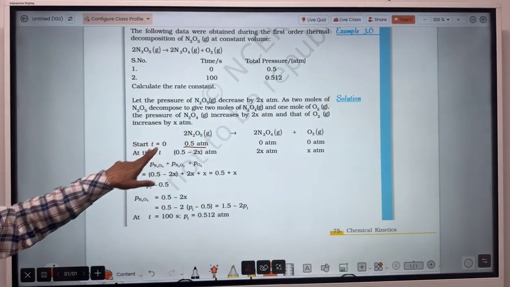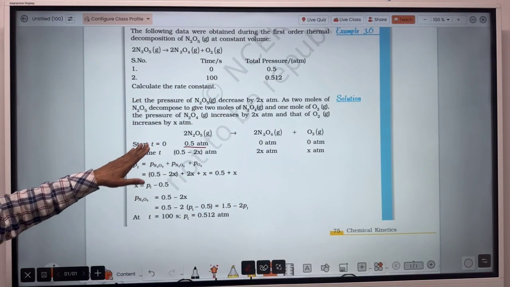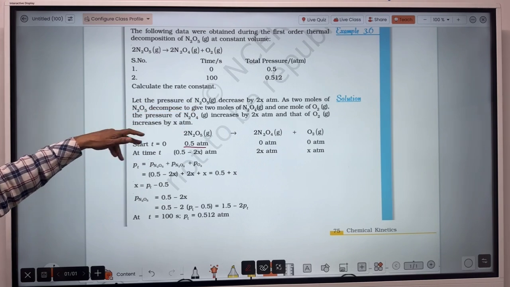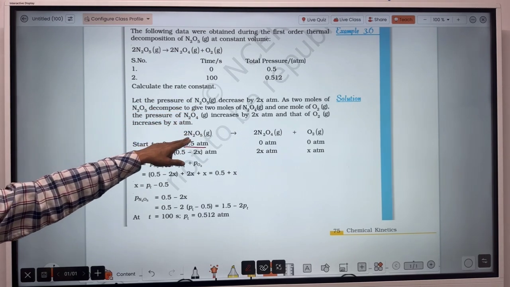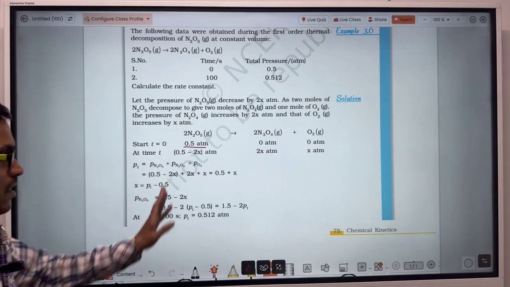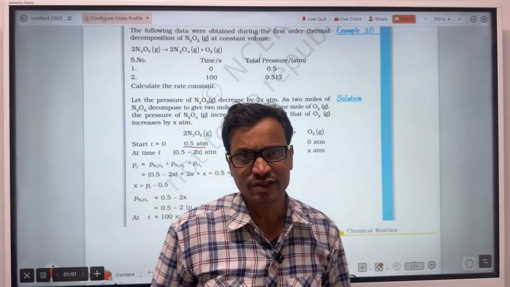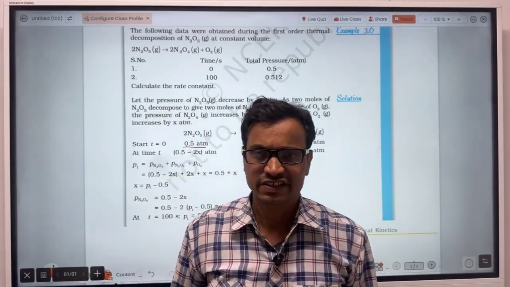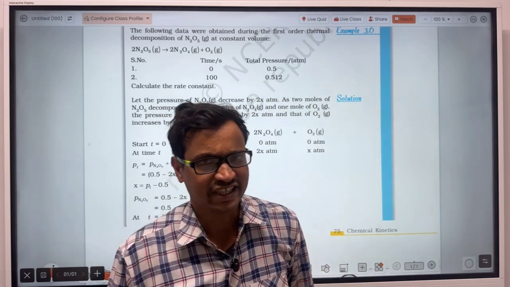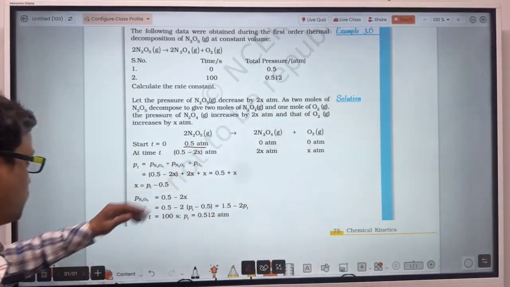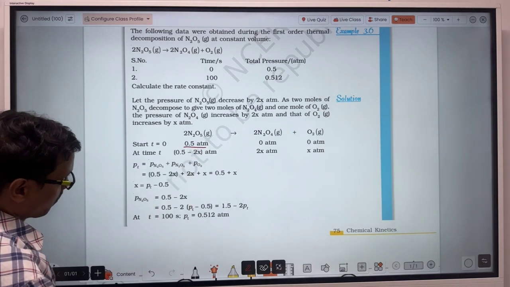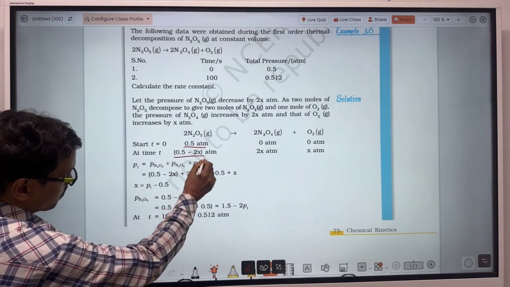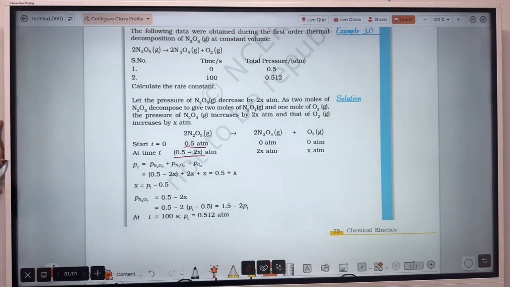So at T equal to 100 seconds, assume the partial pressure of N2O5 has decreased by 2x. So the partial pressure of N2O5 will become 0.5 minus 2x.